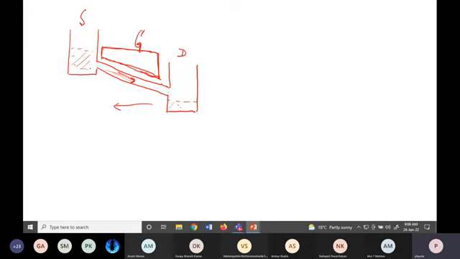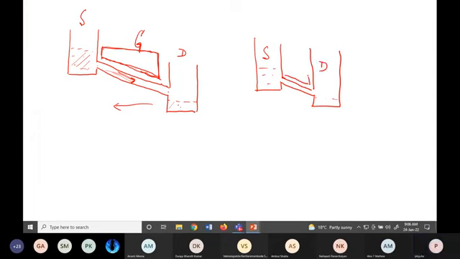So if we bring source and drain very close, this gate finds it very difficult to control water, or control flow of electrons from source to drain, if they are very close, okay.